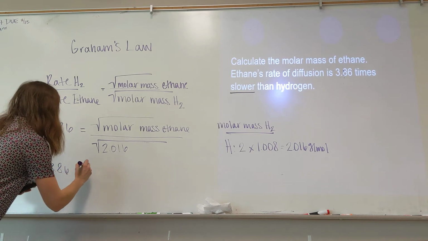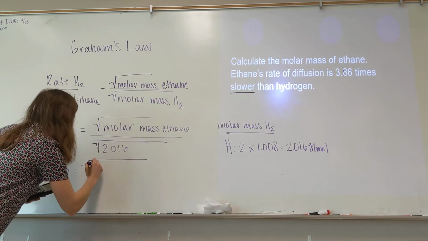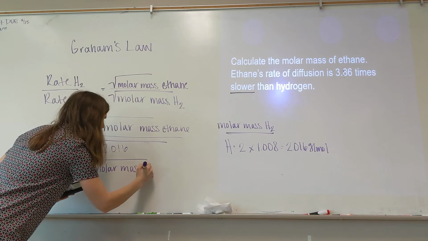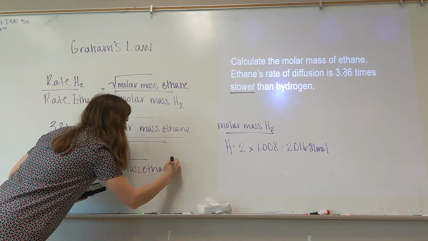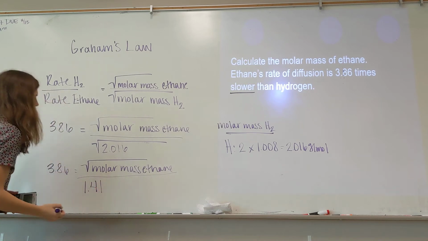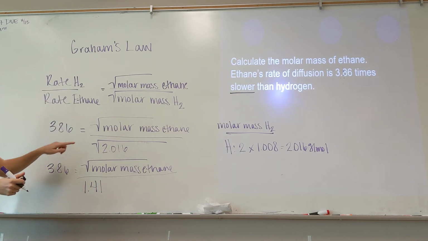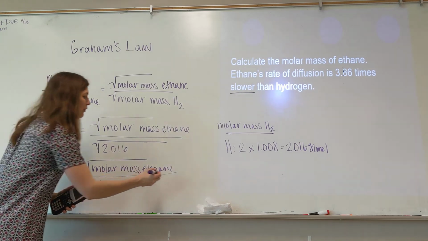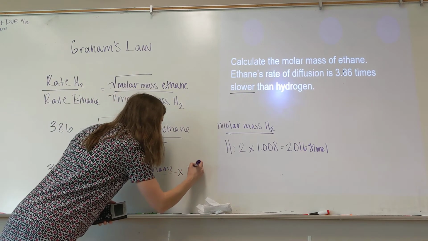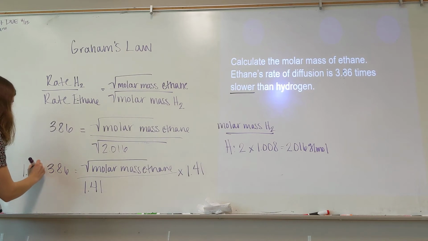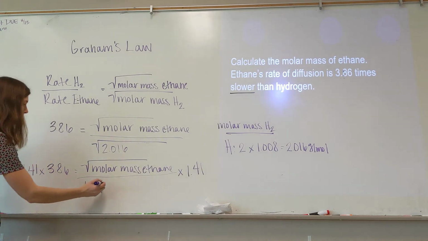So I have the square root of the molar mass of ethane over 1.41. In order to get rid of my 1.41, I need to multiply that on both sides. Remember, whatever I do on one side of my equation, I have to do to the other side. So I'm multiplying both sides by 1.41.